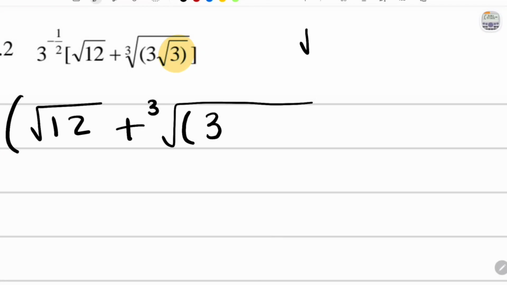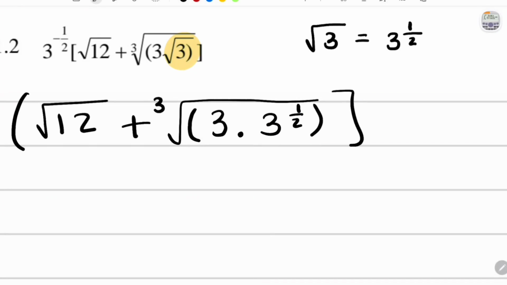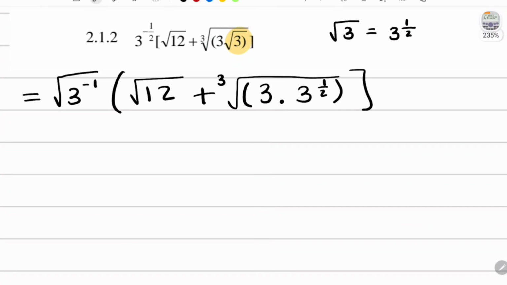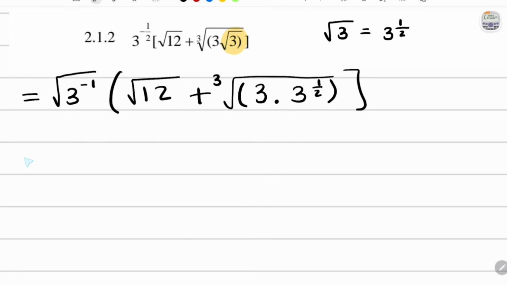Now, since that is a square root 3, to simplify this so that it has a base that is not a surd, we can rewrite it as the 3 here. Then you take the inside exponent, which is a 1, over the outside exponent, which is a 2. So do you see that we have 3 multiplied by 3 to the power of 1 over 2? That's what that changed to. In the next line, we'll simplify it further. So here, we still have this.